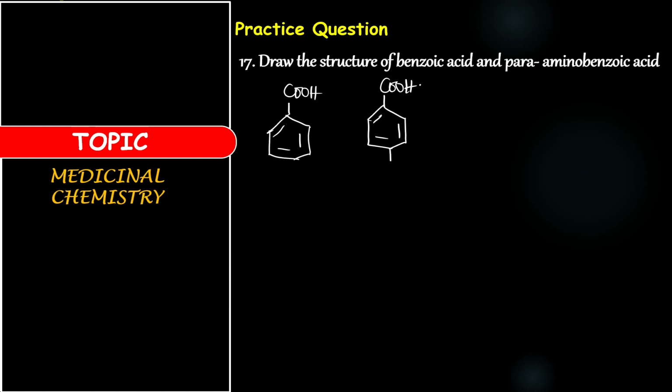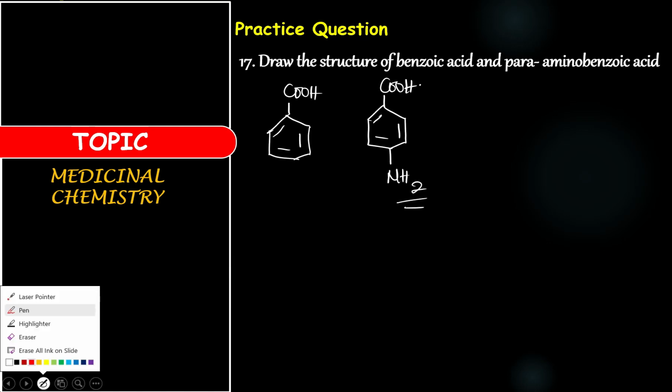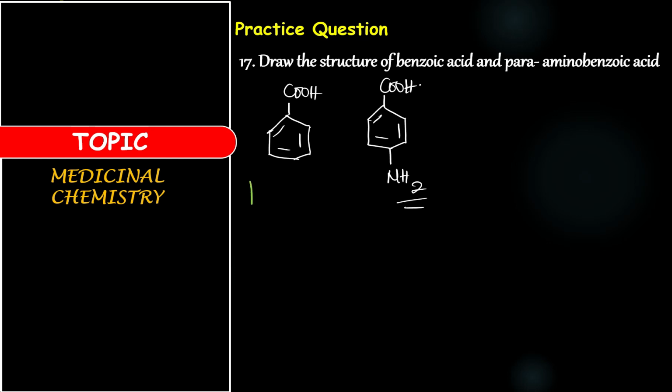Para means at the para position, which is somewhere around here you have the amino group. So this first one here is your benzoic acid, while this one here is para-aminobenzoic acid.